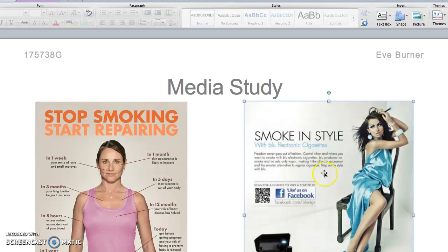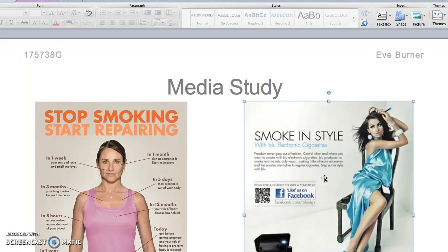So it's a kind of sex accessory, but it's also what if you choose this, then you're smarter because you're actually choosing it against regular cigarettes.